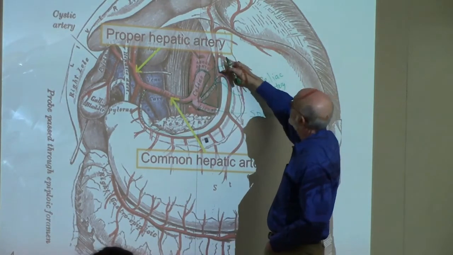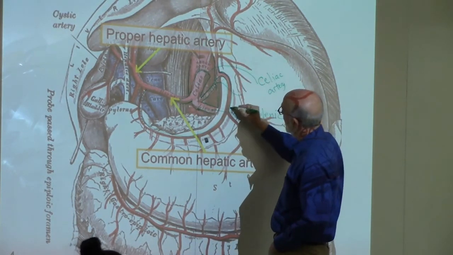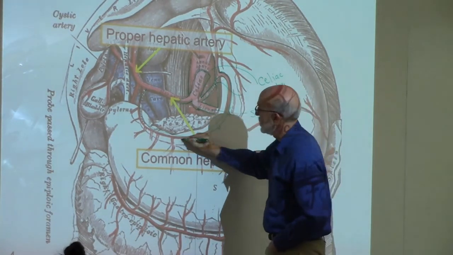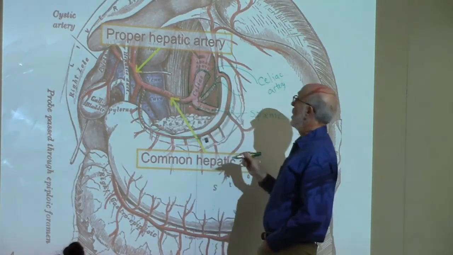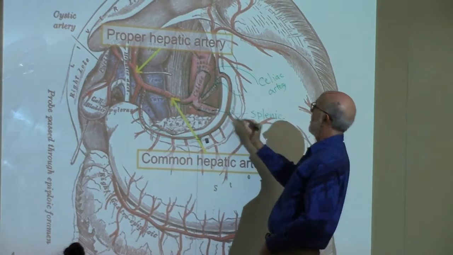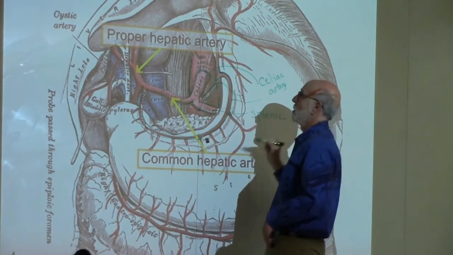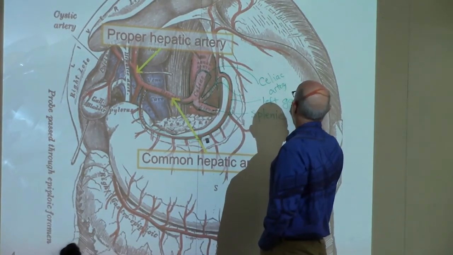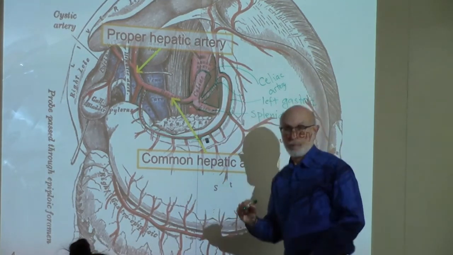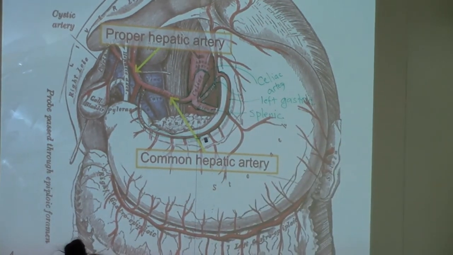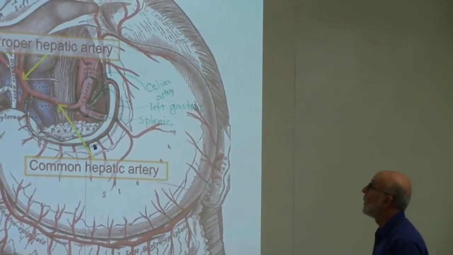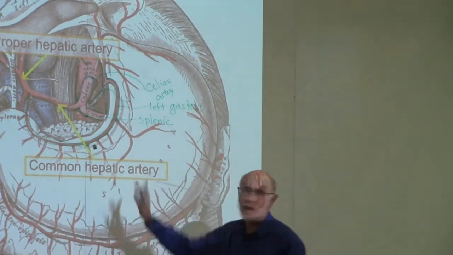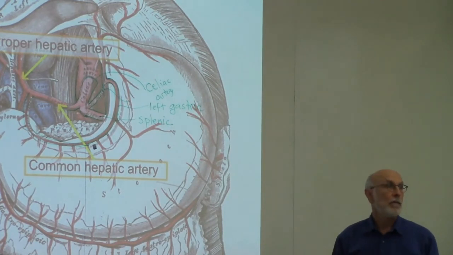So this artery, it's got some branches. I'm just going to cut them off now. That artery is the left gastric, the left gastric artery, and it provides blood to the stomach, and specifically to the lesser curvature side of the stomach.